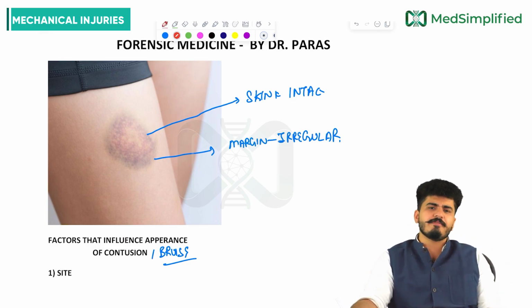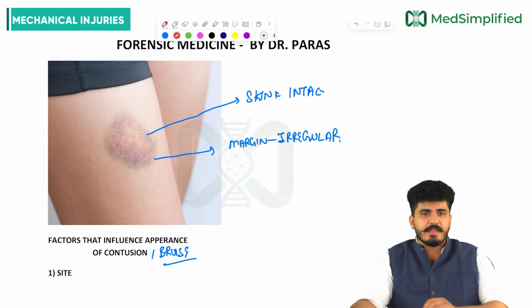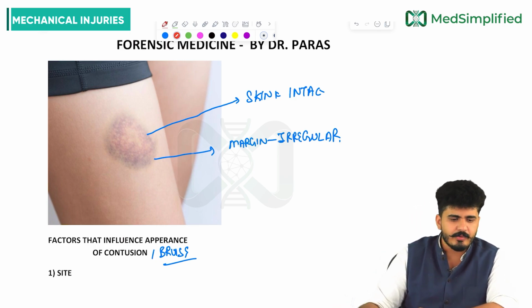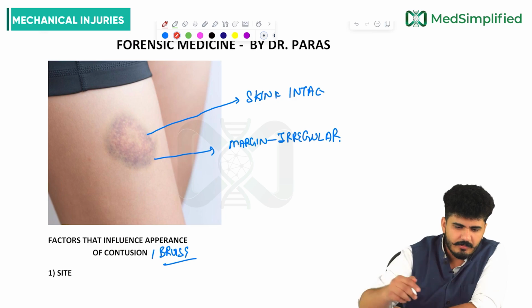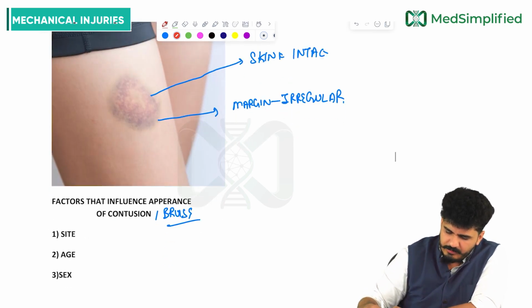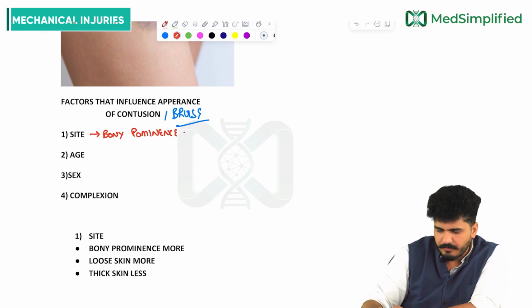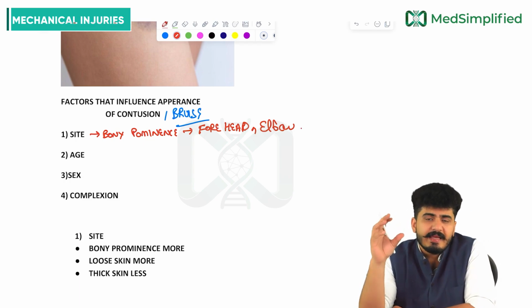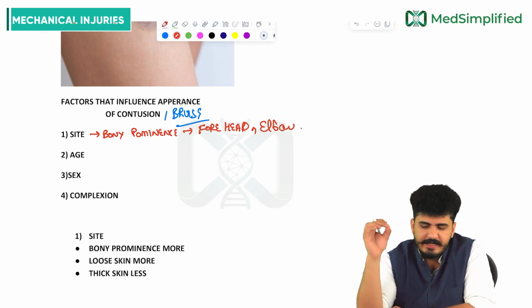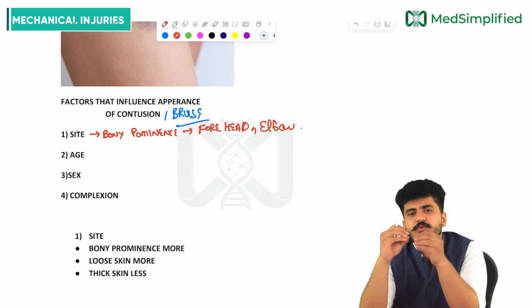Now let's learn about the factors that influence the appearance of the contusion. First of all, site. If there is a bony prominence, my dear friends, example forehead, example elbow, there will be an increase in bruising, because a little amount of force can produce bruise there.